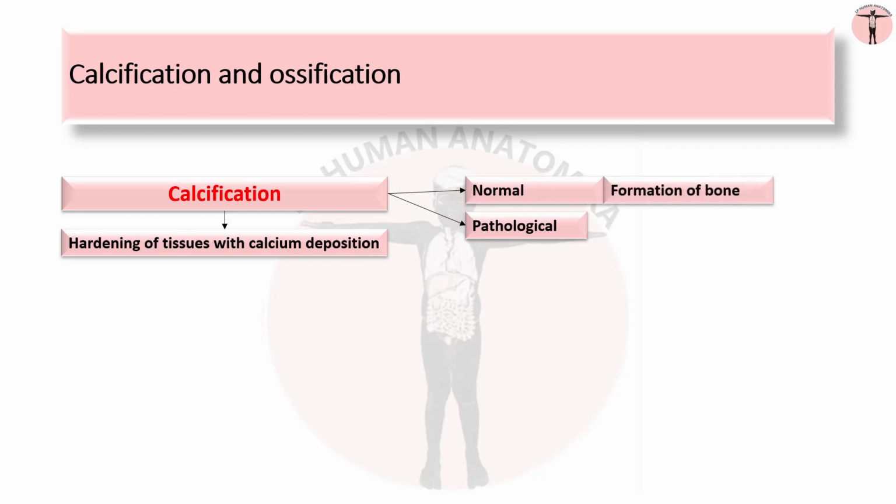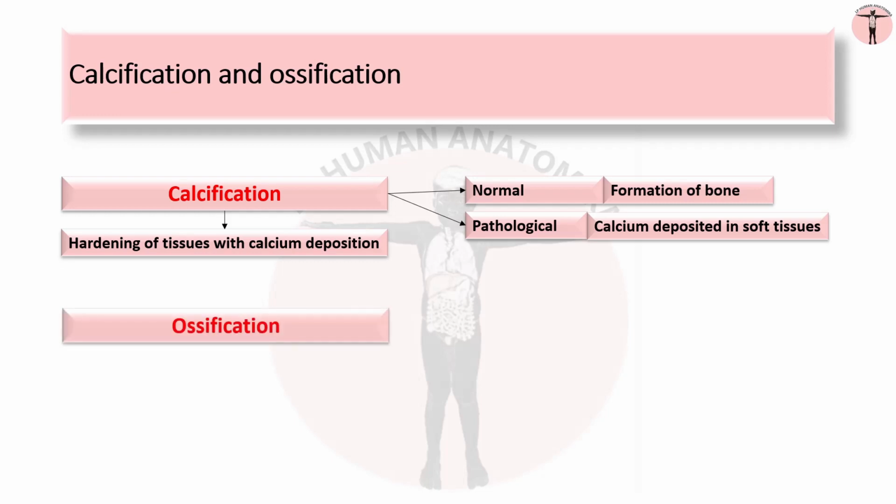In pathological conditions, calcium is deposited abnormally in soft tissues. This causes soft tissue to become hard. Calcification of soft tissue such as arteries, cartilage, and heart valves can take place due to vitamin K2 deficiency or poor calcium absorption. Poor calcium absorption is mainly due to vitamin D deficiency.